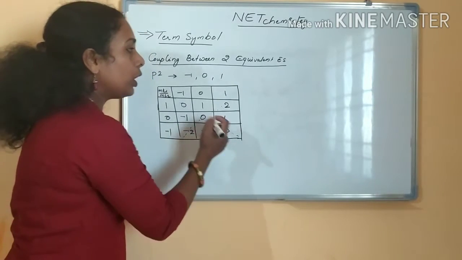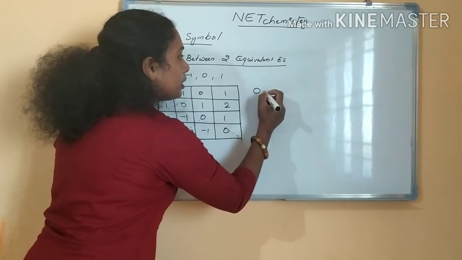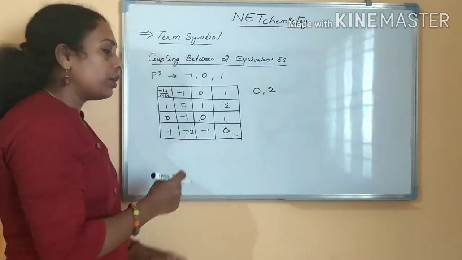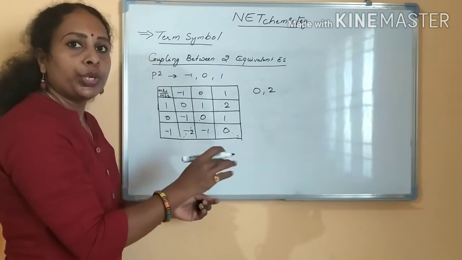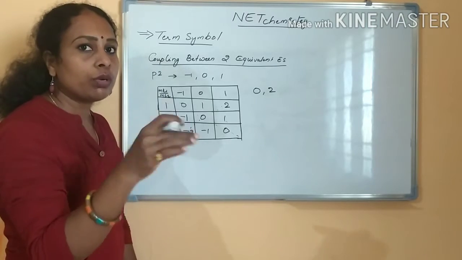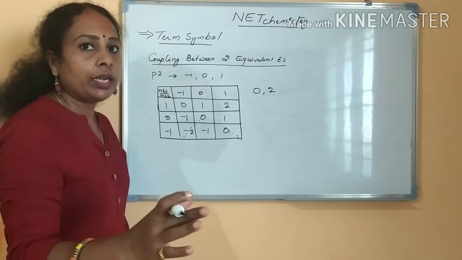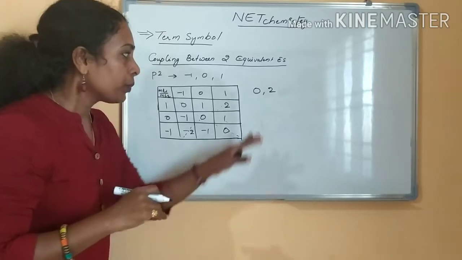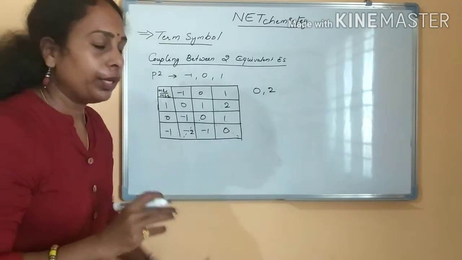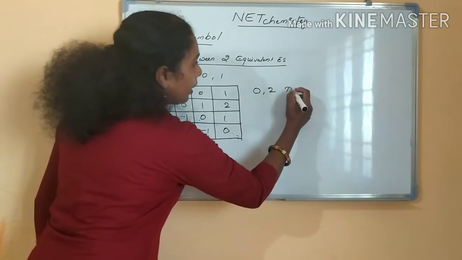What are the diagonal elements now? 0 and 2 are the diagonal elements. Negative values no need to consider, only numerical, positive values. Whatever numerical number you are getting, you have to take. So the diagonal elements are 0 and 2, and this is the diagonal, right?